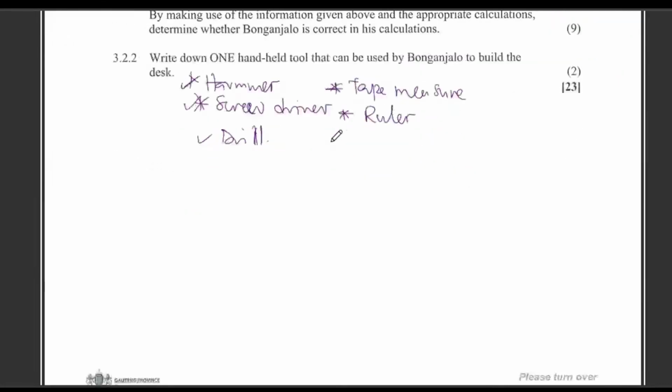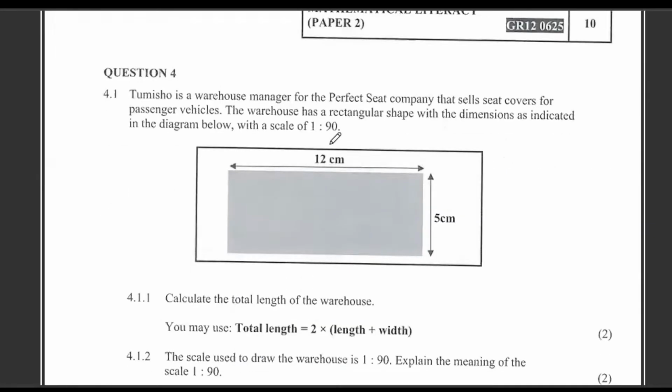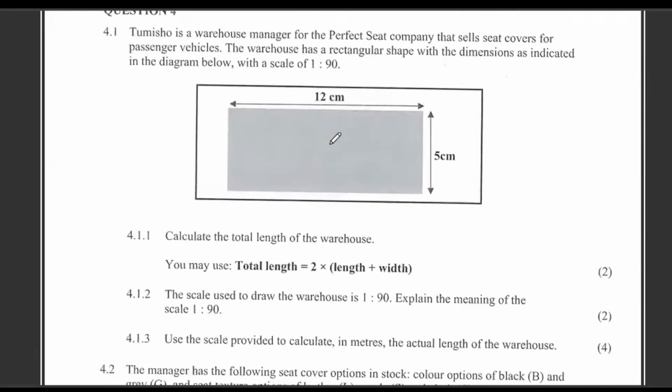Okay, let's look at question number 4. Tomiso is a warehouse manager for the Perfect Seat company that sells seat covers for passenger vehicles. The warehouse has a rectangular shape with dimensions as indicated in the diagram below, with a scale of 1:90.